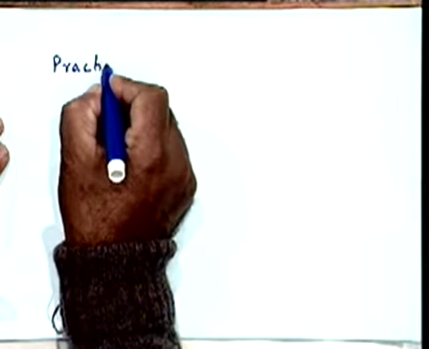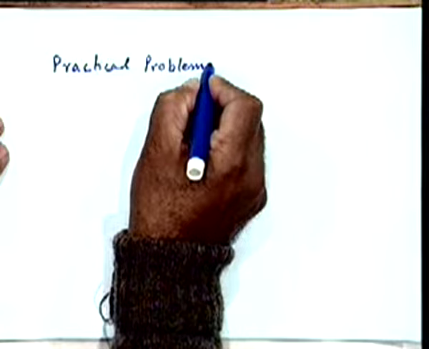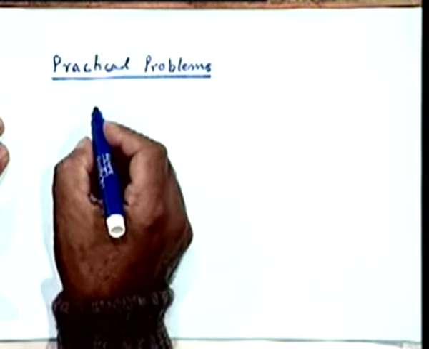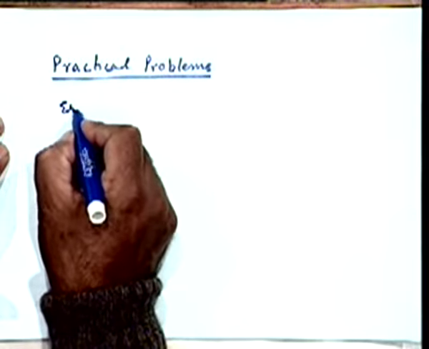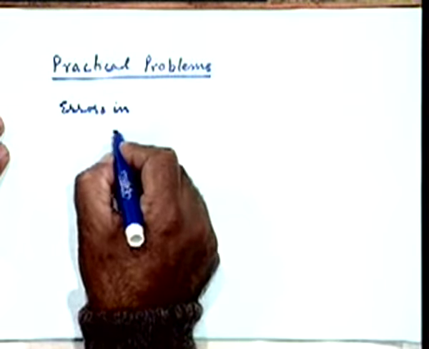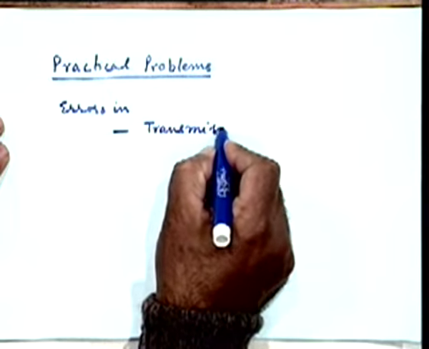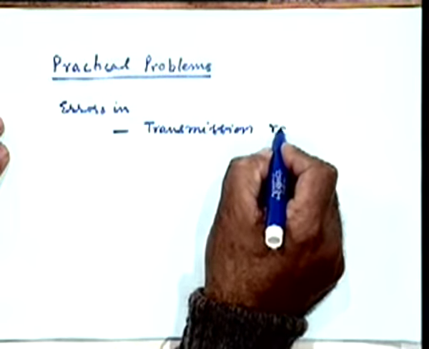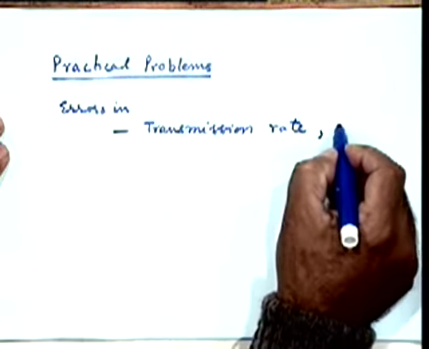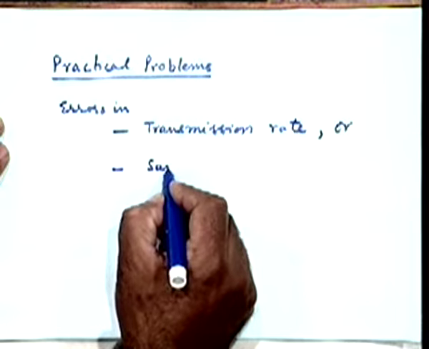Now that is going to create trouble. We'll talk about that. So the practical problems that you must worry about are errors in maybe your transmission rate, or maybe errors in your sampling rate at the receiver.